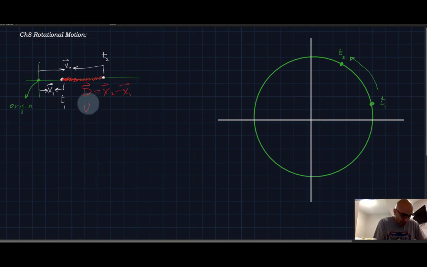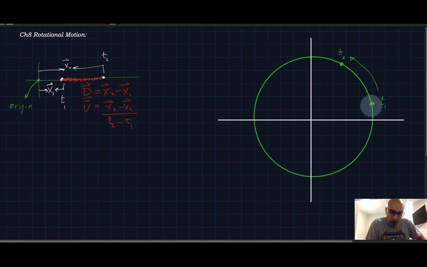We said average velocity is equal to x2 minus x1 divided by t2 minus t1, and so forth. And we continued working on this until we worked on the whole chapter using just this segment of line. Now we are going to do the same, but we are going to use circular motion.